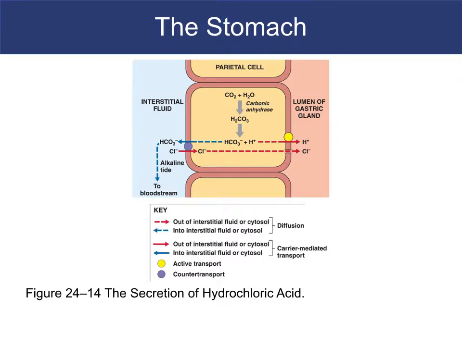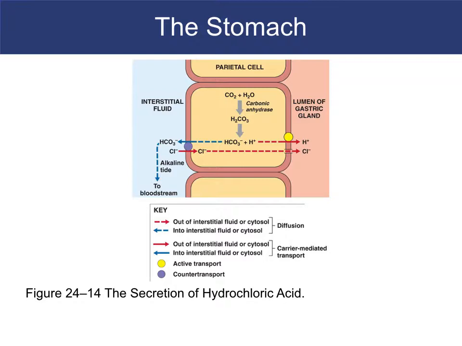And notice, because this has got a yellow dot right there, that is active transport. So these cells here are actively pumping the hydrochloric acid out. Now, if you pump hydrochloric acid out, you've got to save something else, right, to keep everything in balance. And so you notice on the other side over here that there's this process called counter transport going on. Basically what we're doing here is pushing chloride into the cells from the interstitial fluid, and we are pumping out bicarb.